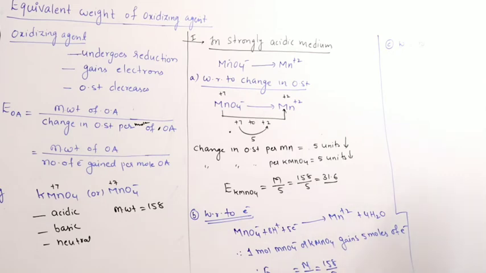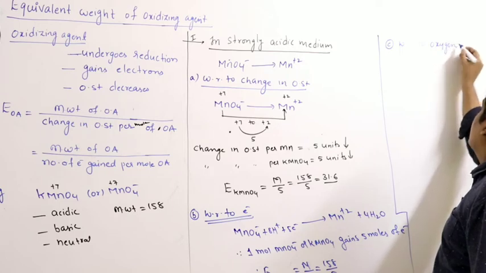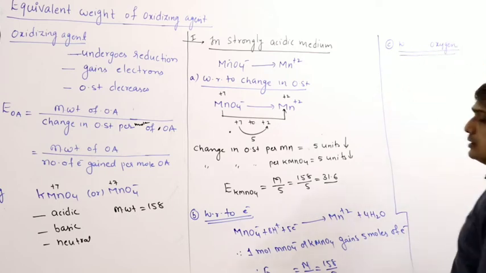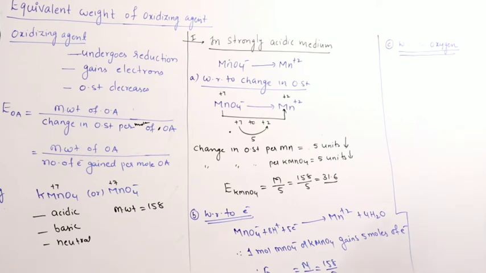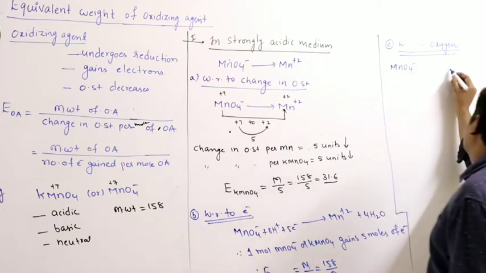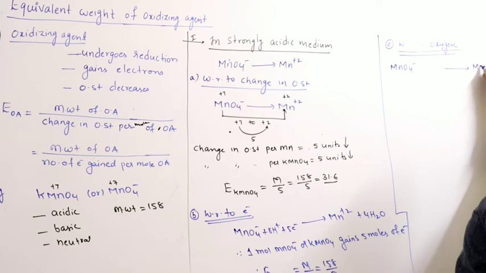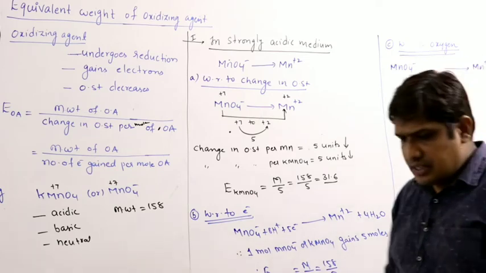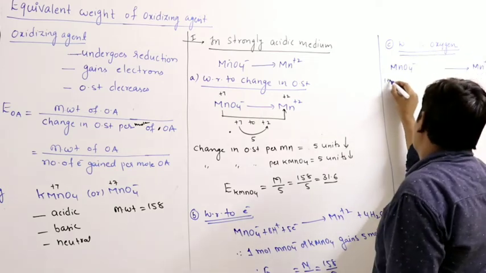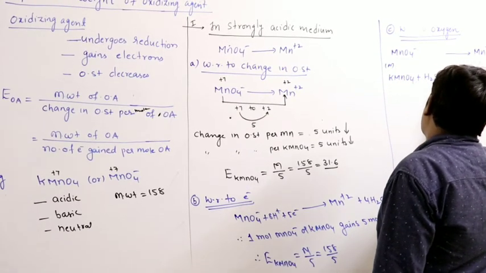Now with respect to oxygen, here we get Mn plus 2. In acidic medium, we can write it like this: KMnO4 plus H2SO4.